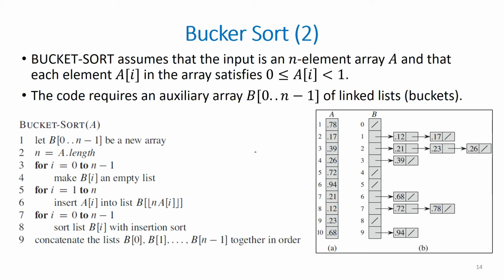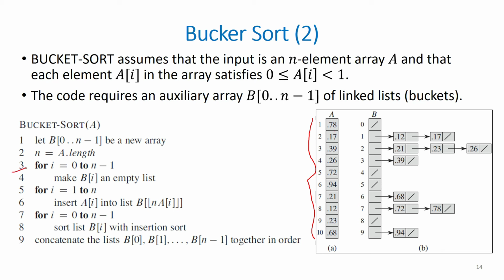In the example over here, array A contains 10 elements with values from 12 to 94. To make it fit in the 0-1 interval, we normalize the array by dividing the elements by 100. Doing so results in the input array shown over here, where every element now is between 0 and 1.